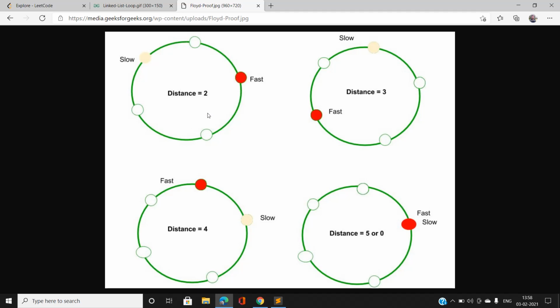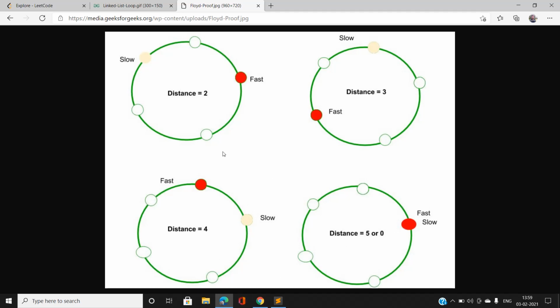As you can notice, the distance between the slow pointer and the fast pointer increases by 1 each and every time. You can see here the distance is one node, in this case two nodes, and in this case three nodes, and here they coincide.